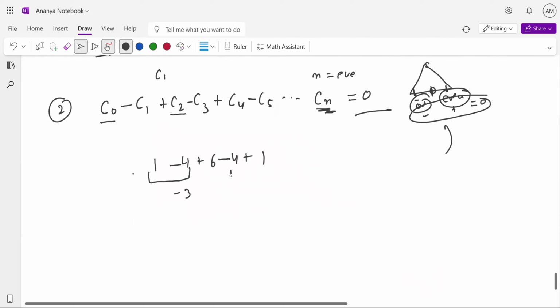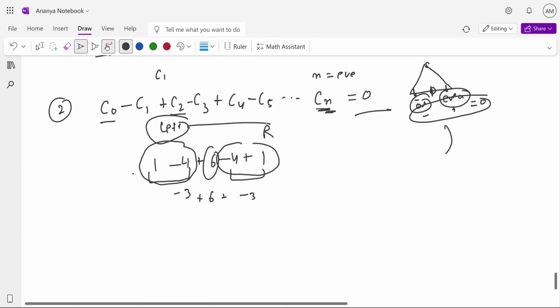And what is this? Six. So basically, whatever you get from the right half and whatever you get from the left half, the summation of both will be equal to the middle term. Is that clear? But in the opposite sense, if you use this method. Clear?